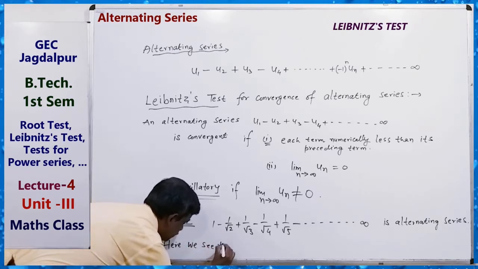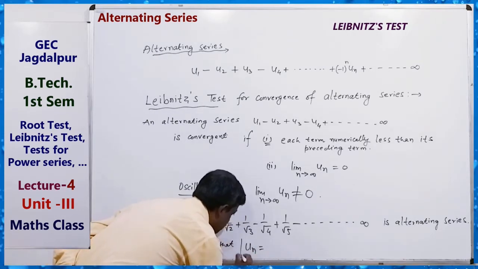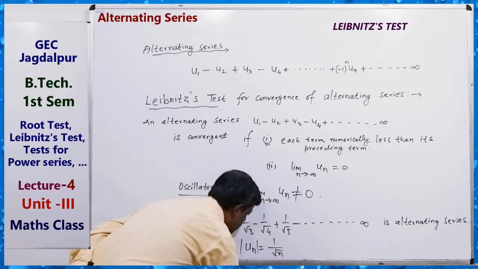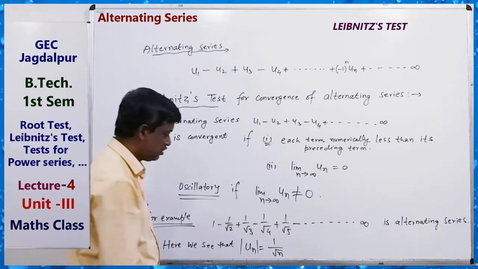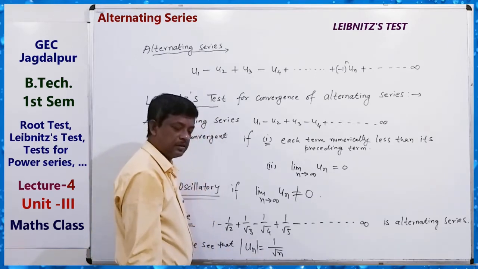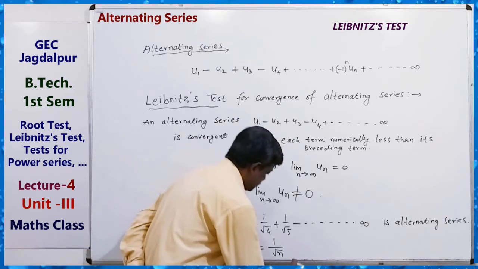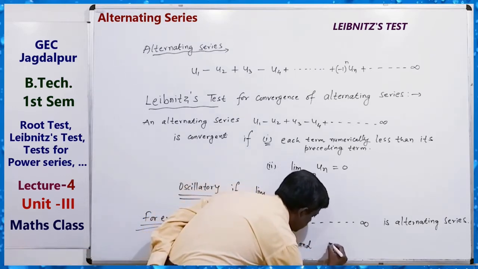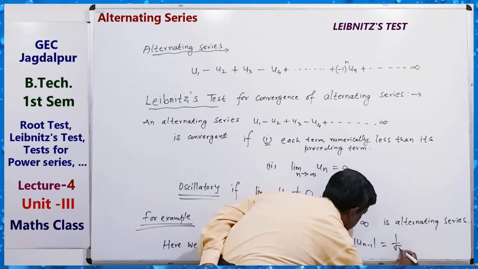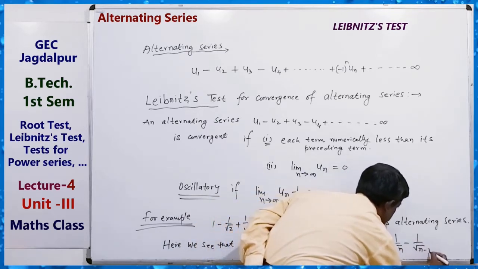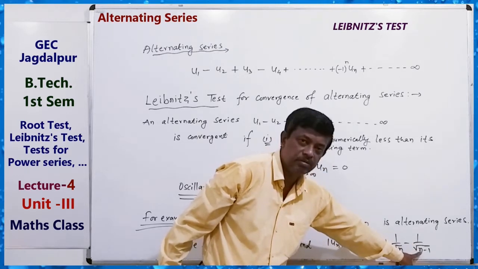Here we see that the modulus of the nth term is 1 upon root n. The difference mod un minus mod u(n-1) equals 1 upon root n minus 1 upon root (n-1). Here u(n-1) is the preceding term, with the greater value, and this one has the lesser value.